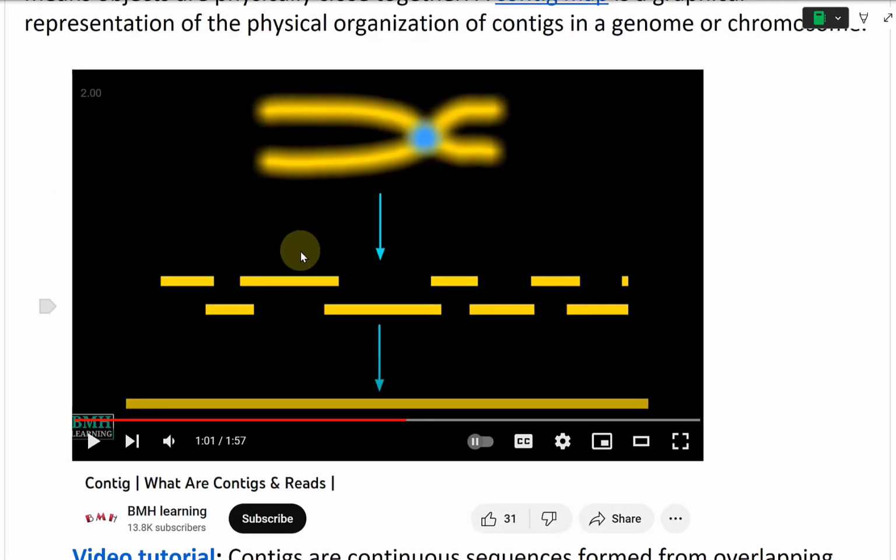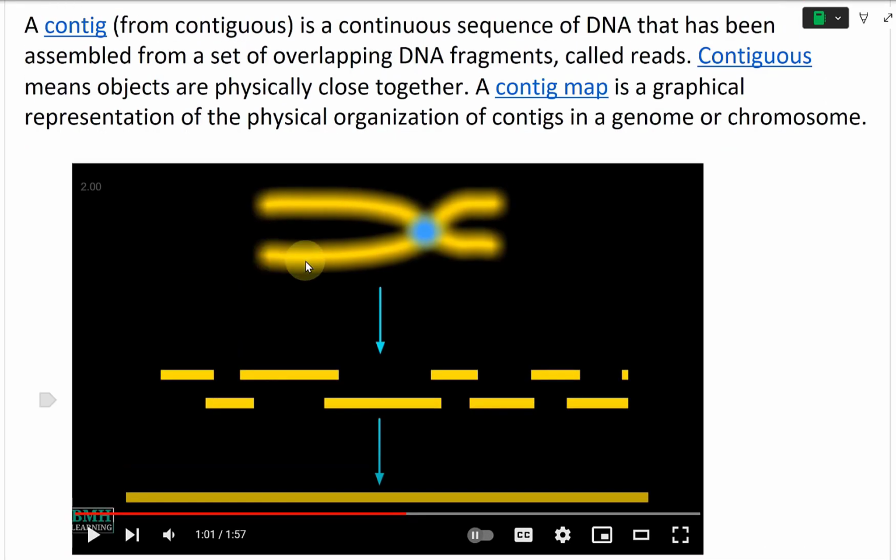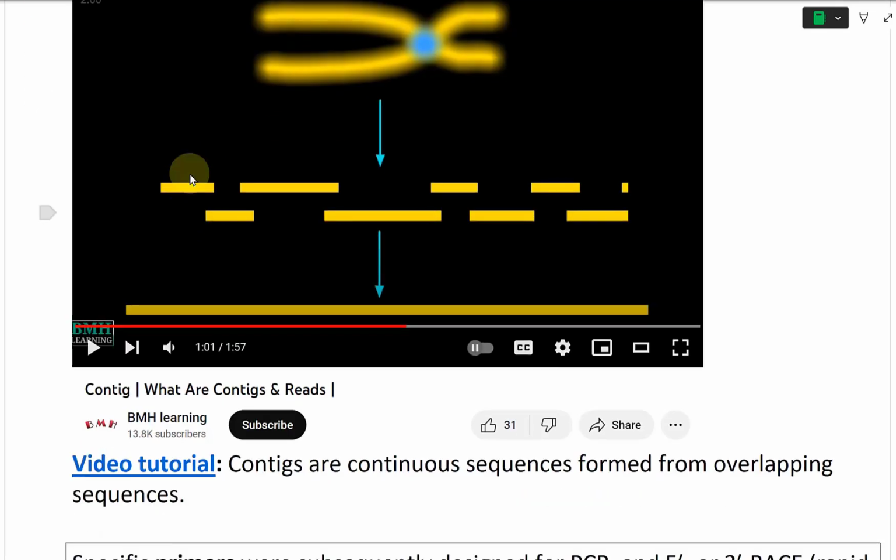For example, here's a good video tutorial. If you have this chromosome right there, and you get all the sequences in it, you're going to have a lot of regions overlapping when you're trying to obtain each of these shorter reads. And then when you form a continuous one, that's the contig, which you would have these overlapping ones. So you would have this overlapping over here and so on.